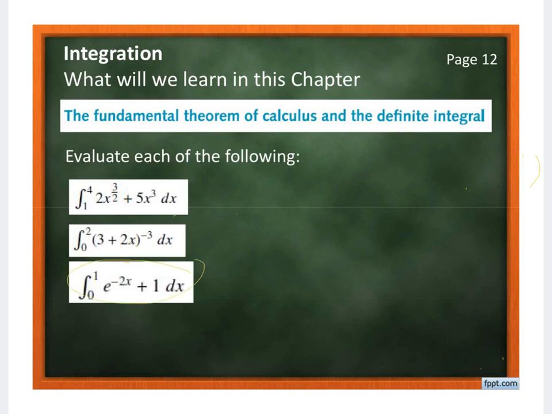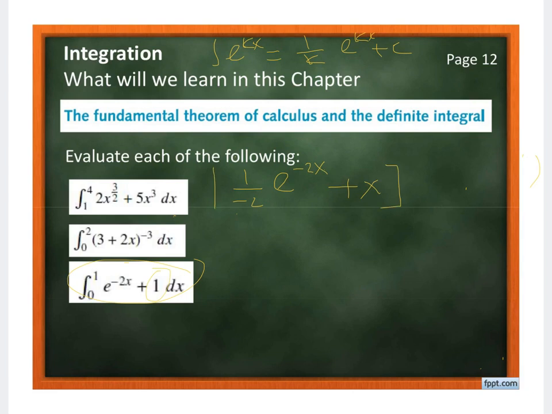Now we try to answer number 3 now. Remember the formula for antiderivative of e exponent by kx equal 1 over k e exponent to kx power plus c on page 8. We try to answer number 3. So 1 over k, the k is negative 2, e to negative 2x power plus 1 is equal to x.